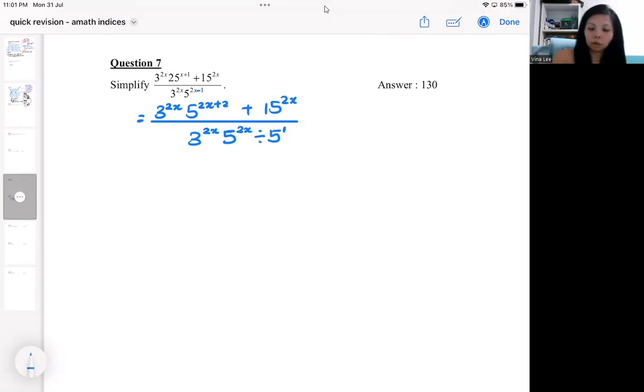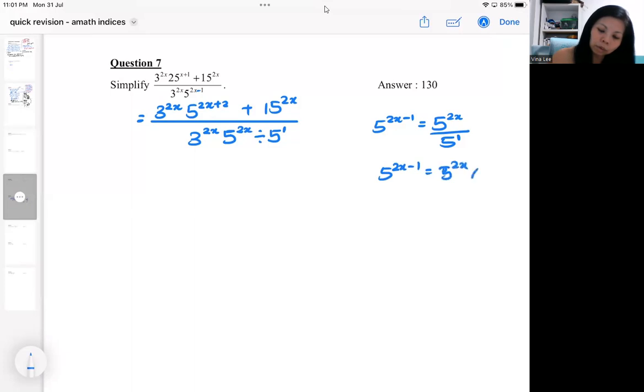You can do it like this, or you can do it like this. It's the same thing. Or you can actually do it this way. It's up to you. If you do it this way, you must remember that this is actually a 1/5.